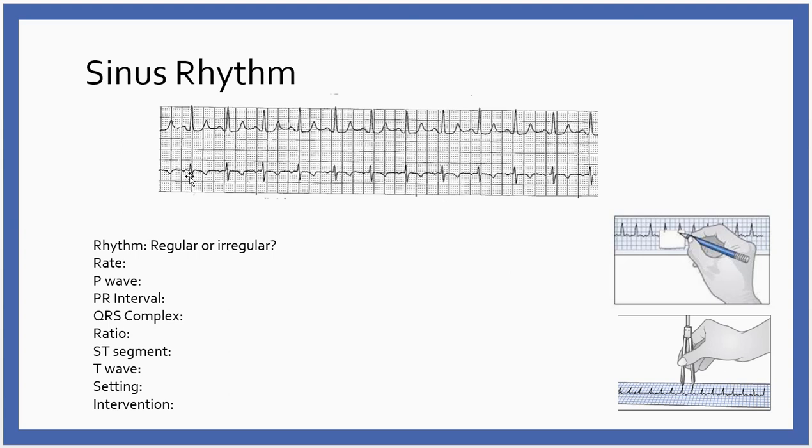So the QRS starts right here and ends right here. This is my ST segment right here. And then this is my inverted T wave. Okay. So I want to do my QT interval. And so that's going to be from the beginning of the QRS right here to the end of the T wave.